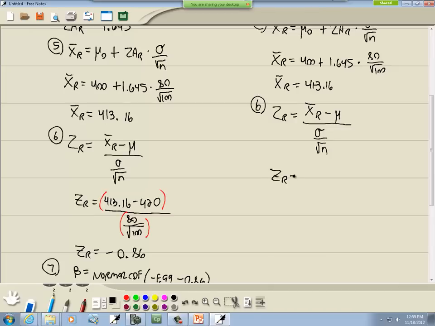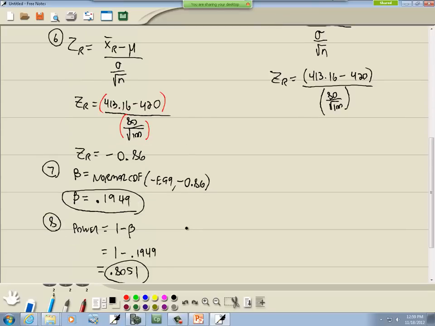So we got z sub r is equal to 413.16 minus mu, which was 420, divided by, and I put parentheses on the bottom part again. Remember, that's important for plugging in your calculator. And we're going to get z sub r is equal to negative 0.86.